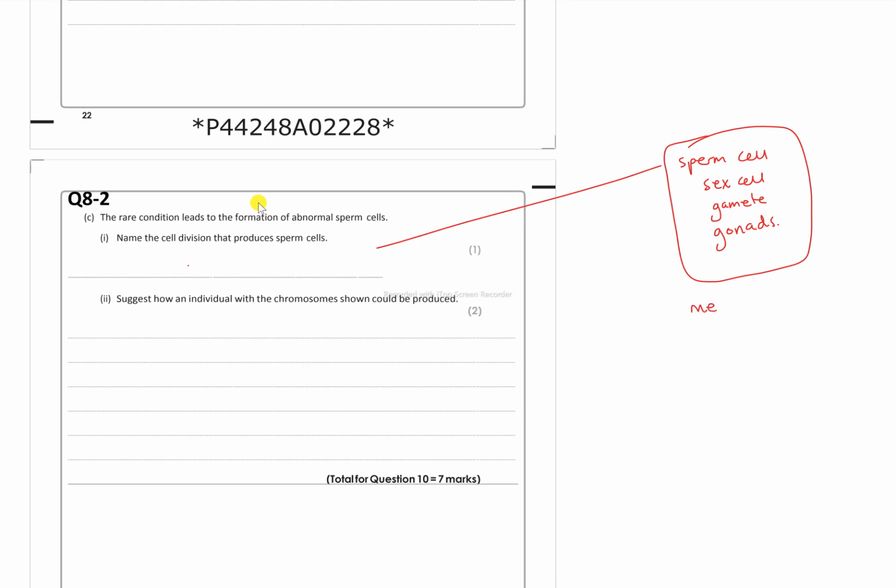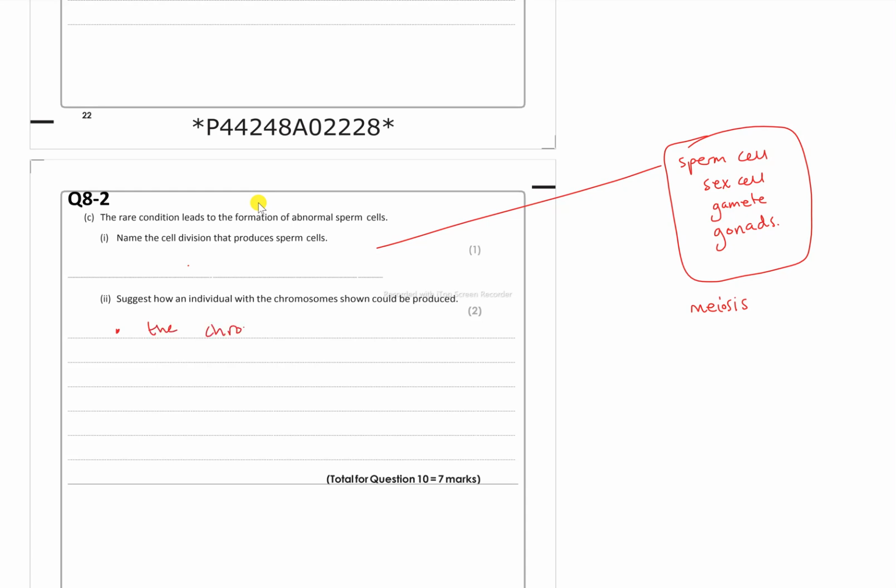It's going to be meiosis. Meiosis, yeah.